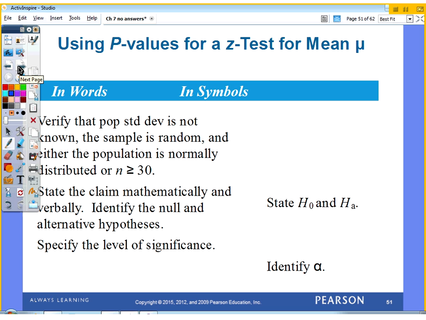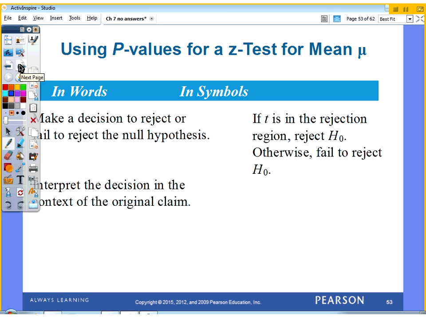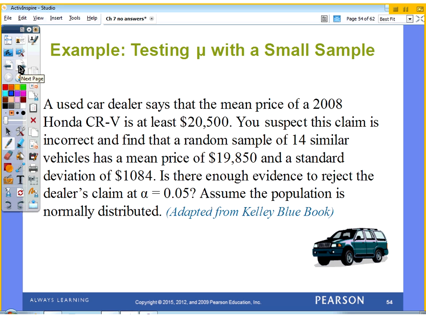So everything's the same except you're using the t-table instead of the z. So if you'll look at your steps, you're still going to state your hypothesis. You're still going to find alpha. You're going to have to find your degrees of freedom. You'll have to find your critical values. Then you'll do your test statistic and put it on your graph, and then make your decision.